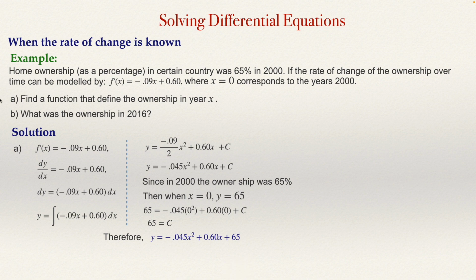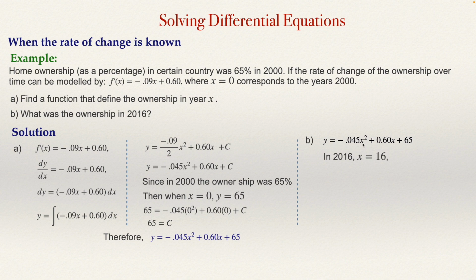Question B is, what was the ownership in 2016? To answer question B, the only thing we need to do is substitute x by 16. We know that the ownership at whatever time is given by this expression, and in 2016, x equals 16.